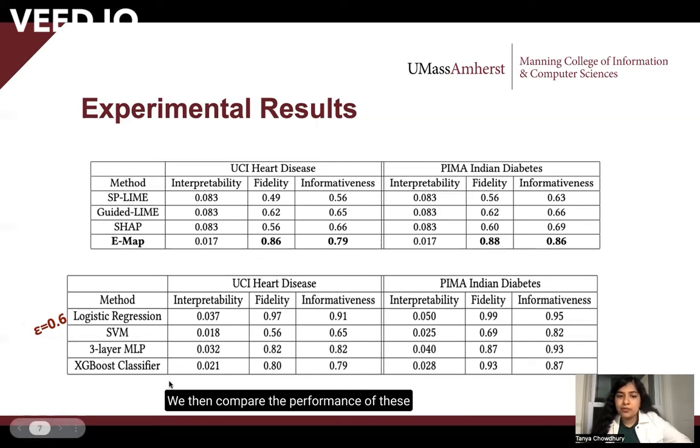We then compare the performance of these Equi-explanation map explanations on different underlying architectures on grounds of interpretability, fidelity, and informativeness on both datasets. What we observe is that the more complex the underlying architecture, the lesser the value of interpretability, which means more is the number of subspaces generated by EMAP algorithm for the same fixed value of epsilon. So here, SVM and XGBoost classifier have the most complex underlying architectures and hence the least interpretability.